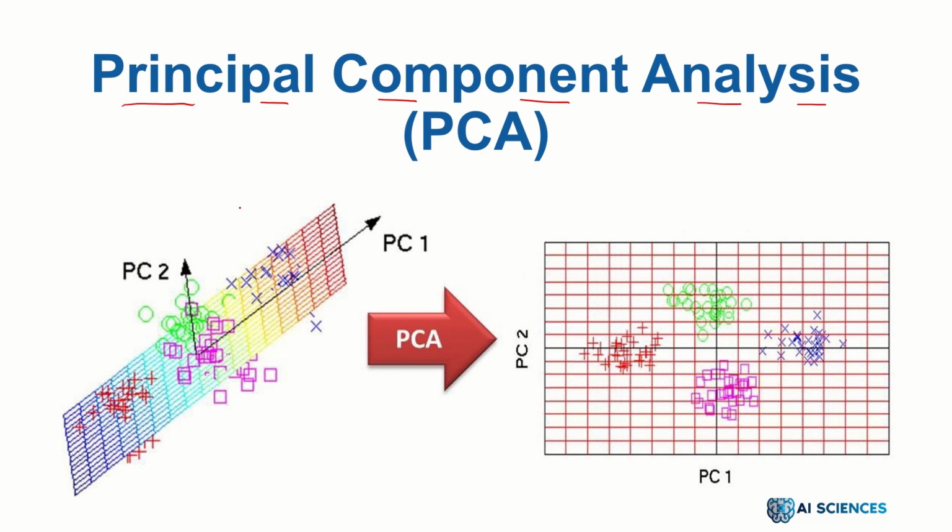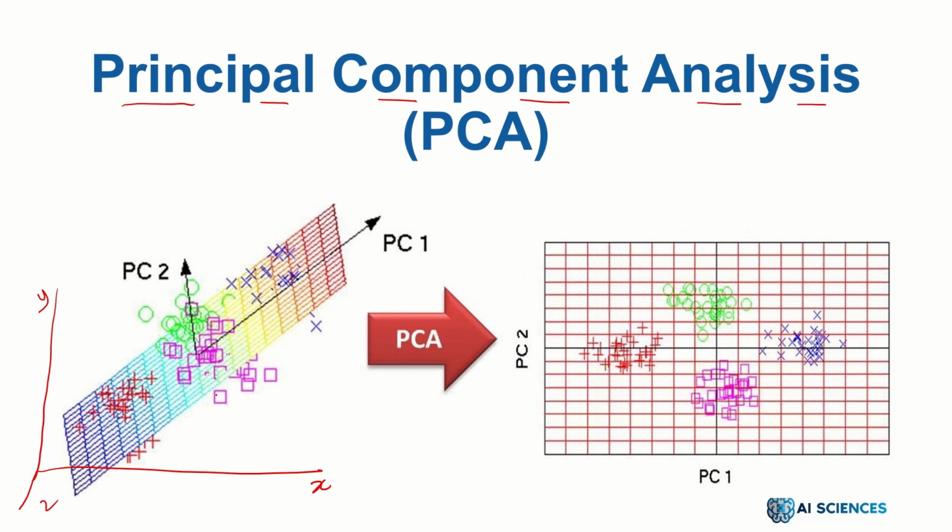The basic idea is, if you have a lot of data points in a particular space, for example, just think about these red points, green points, purple points, and blue points scattered in a three-dimensional space, where the original feature space is three-dimensional. So let's say these are 3 dimensions of your original feature space: dimension X, dimension Y, and dimension Z.